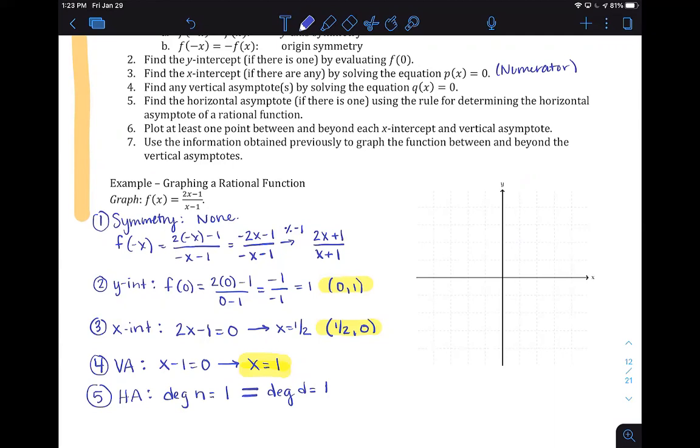What do we look at? We divide. So we're going to use our leading coefficients. So it becomes y equals. The leading coefficient of our numerator is 2. And the leading coefficient of our denominator is 1. And 2 divided by 1? 2. So y equals 2 is our horizontal asymptote. Right? Questions with finding any of those 5 things?